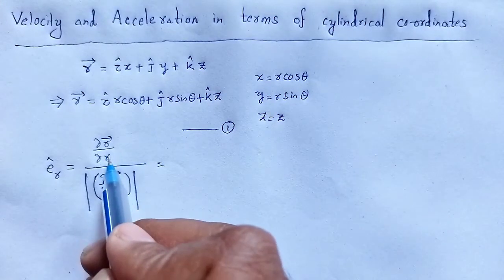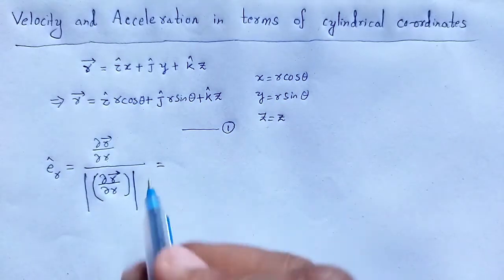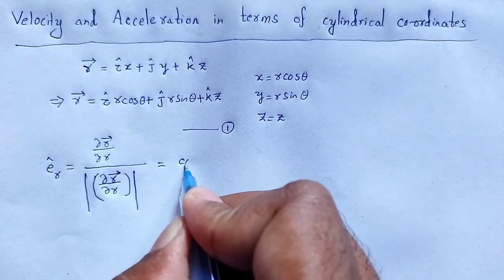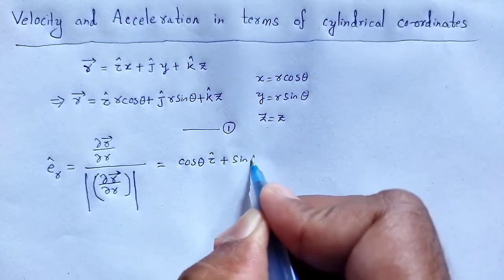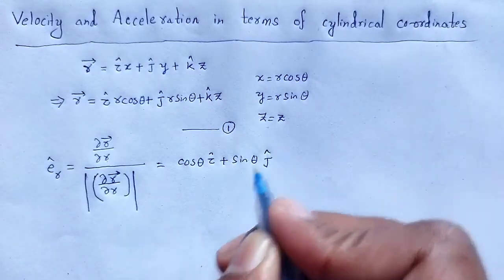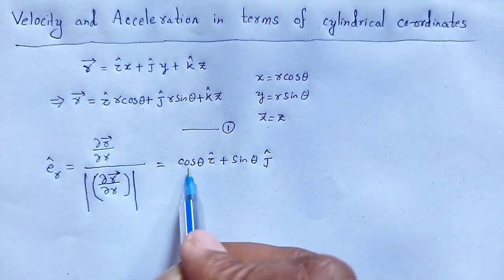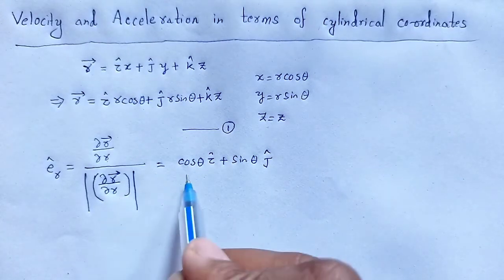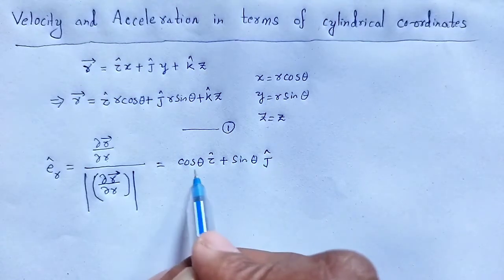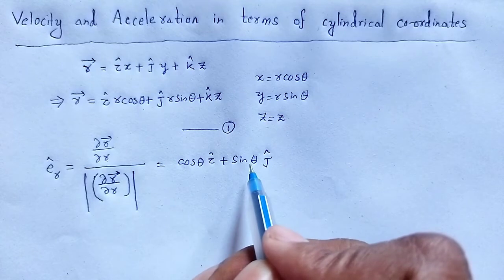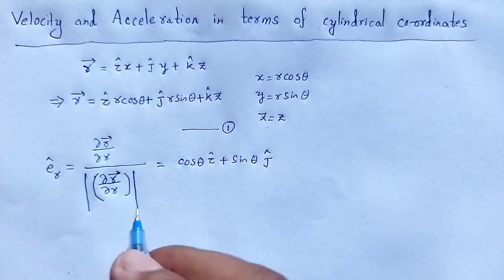Differentiating r vector with respect to r, we get cos theta i cap plus sin theta j cap. The magnitude of del r by del r is equal to the square root of cos square theta plus sin square theta, which is the square root of 1, that is 1. So the magnitude is 1.